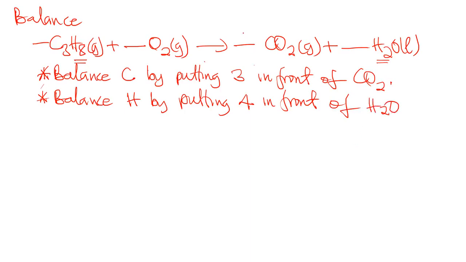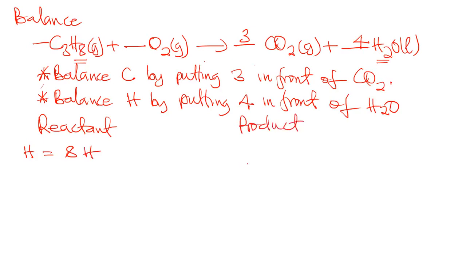So what we are going to have is 3 here and 4 here. Now there is one thing that is not yet balanced. So let's do the calculation. So reactants, hydrogen, we have 8 hydrogen. Products, hydrogen, we have 8 hydrogen. So this one is balanced.